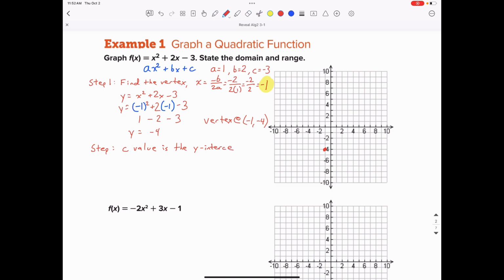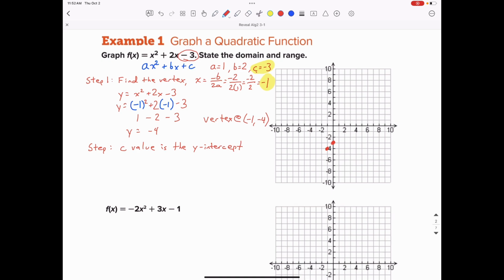So we look back into the original problem. The original problem has a c value of negative 3. We identified it over here. I just highlighted it. A c value of negative 3. So I will place a point on the y-axis at negative 3. That is right next to the vertex in this particular case. And that's step 2.